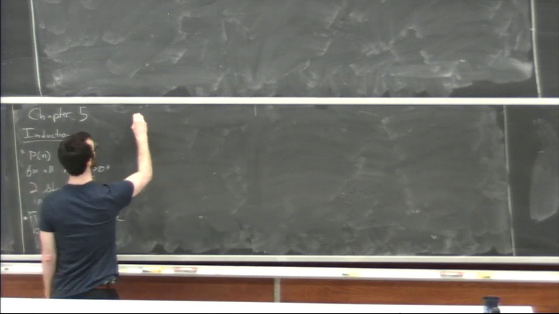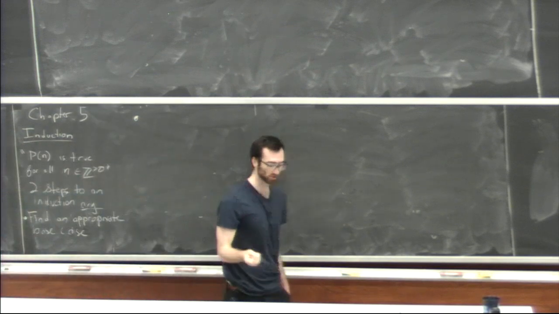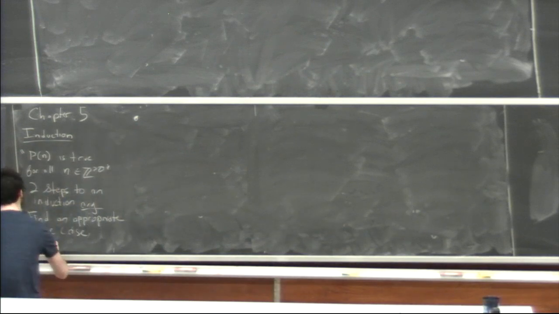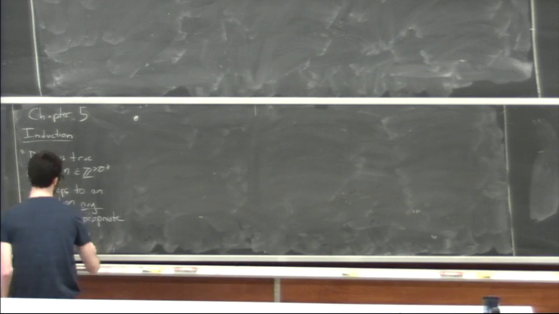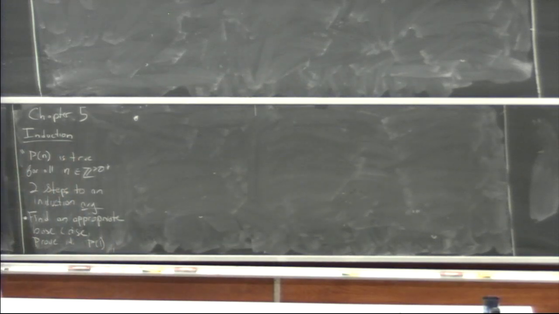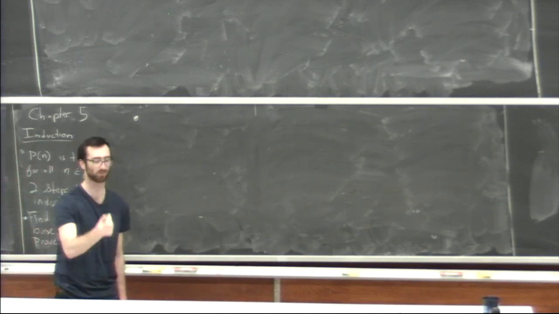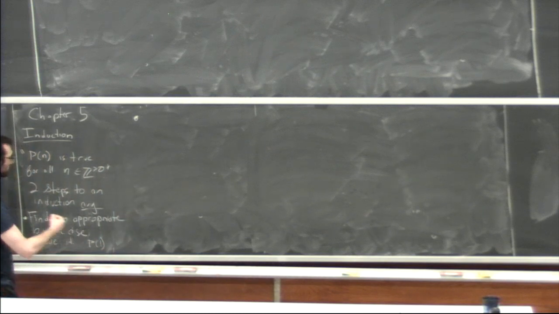And then part B is, once you have found an appropriate base case, to prove it. Usually it'll be something like P(1). There's some statement that depends on the integers, and in the case where n is equal to 1, it's easy to prove just by brute force, in a straightforward fashion. So the first thing is you find a good base case and you prove it.